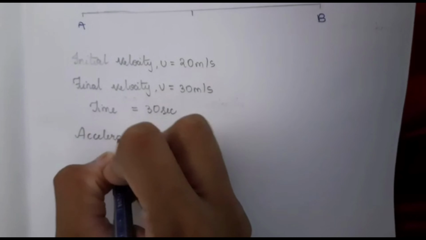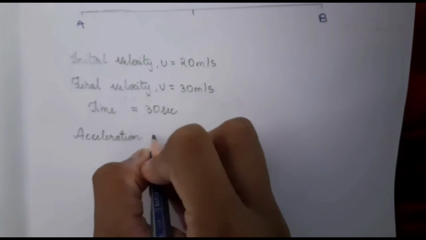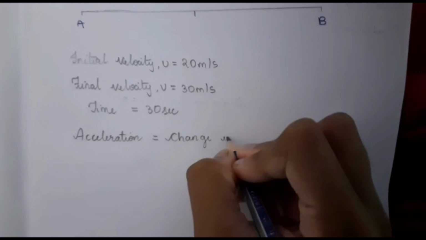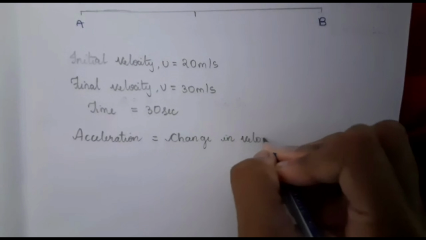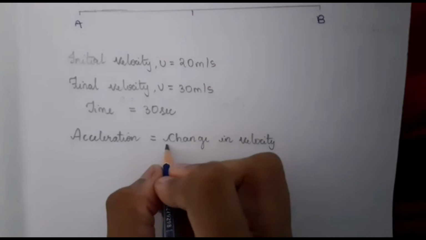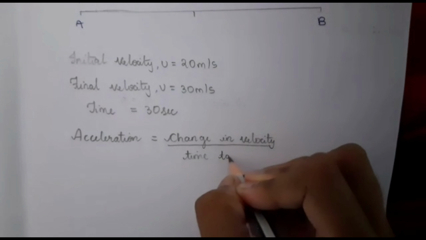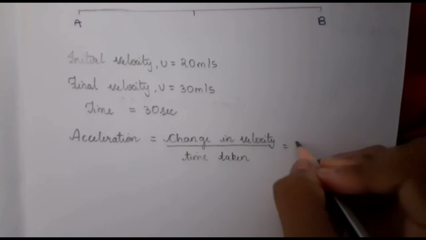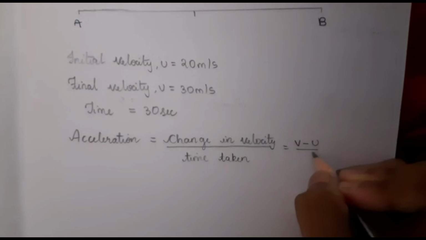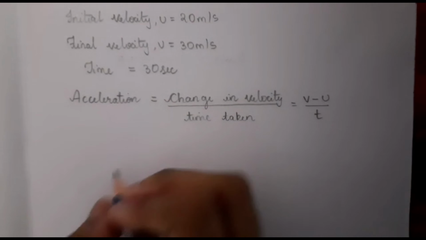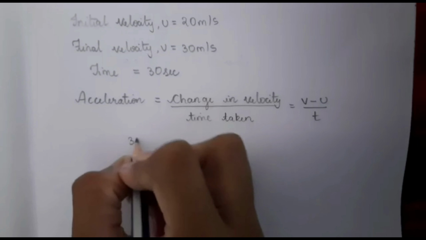To find the acceleration, we have to find the difference of final velocity and initial velocity, and it should be divided by the time taken, which is 30 seconds. The final velocity is 30 meter per second, the initial velocity is 20 meter per second, and the time taken is 30 seconds.